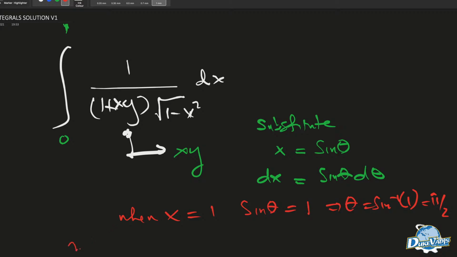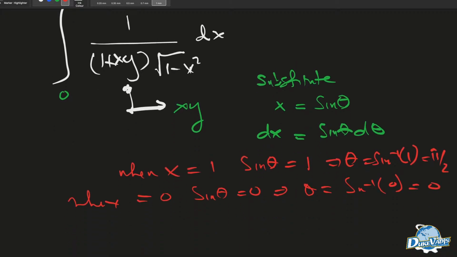When x is equal to 0, sine theta is equal to 0, so theta is sine inverse of 0, which is 0. So the limit has changed, as you can see.